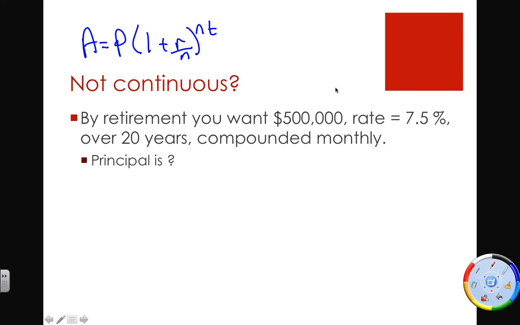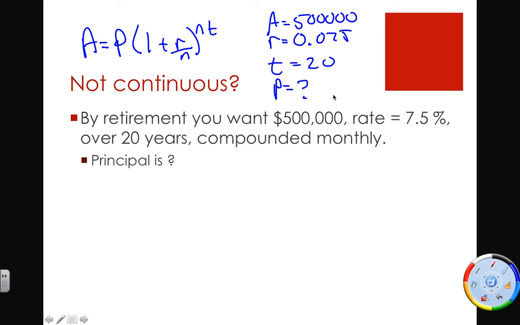So in this particular problem, R is equal to 0.075, T is equal to 20, P is equal to, I have no idea. A is equal to 500,000. And because we're compounding monthly, N is 12. And we're just going to solve for P.